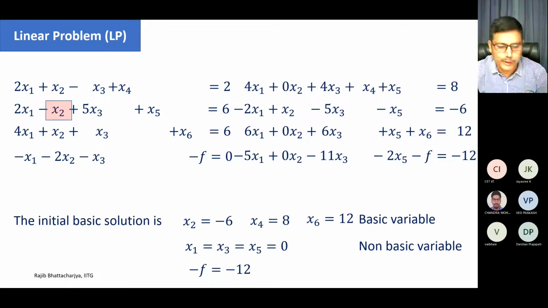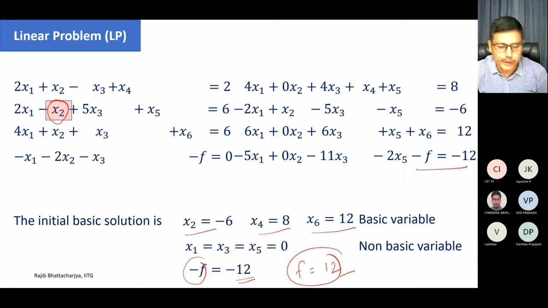Similarly, if I consider this as my pivoting element, I can solve this problem. In this case also, I am getting x2 equal to -6, x4 equal to 8, and x6 equal to 12. From the last line, I get minus f equal to -12, or I can say f equal to +12.